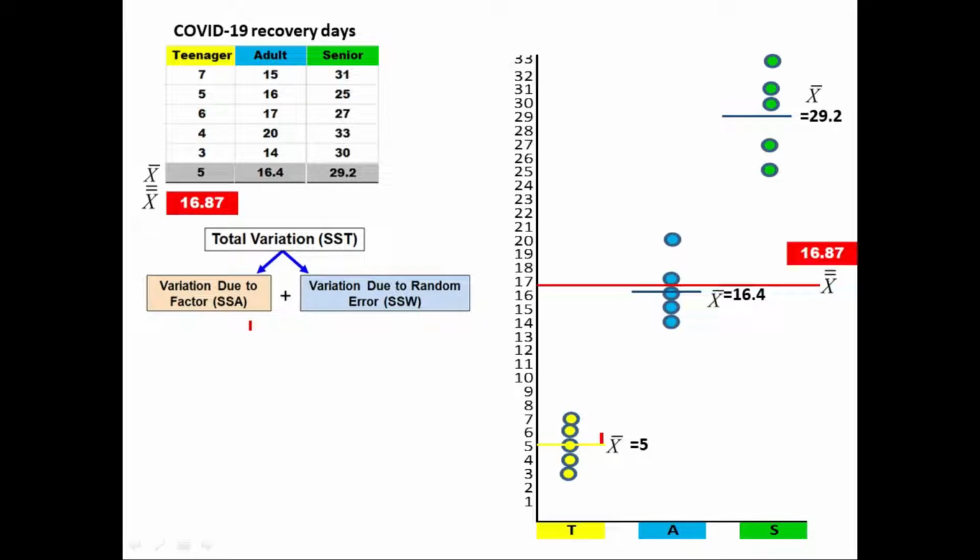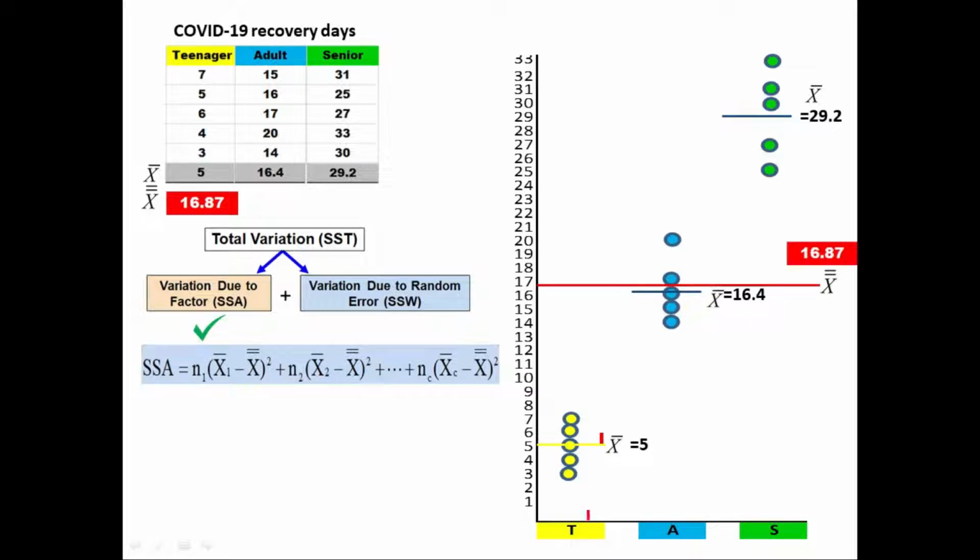Okay, so now we see the first part of variation first. Variation due to the factors, meaning variation that exists among groups. So this is the formula to calculate variation among the groups. We have three groups here. First group yellow, second group blue, the third group green.